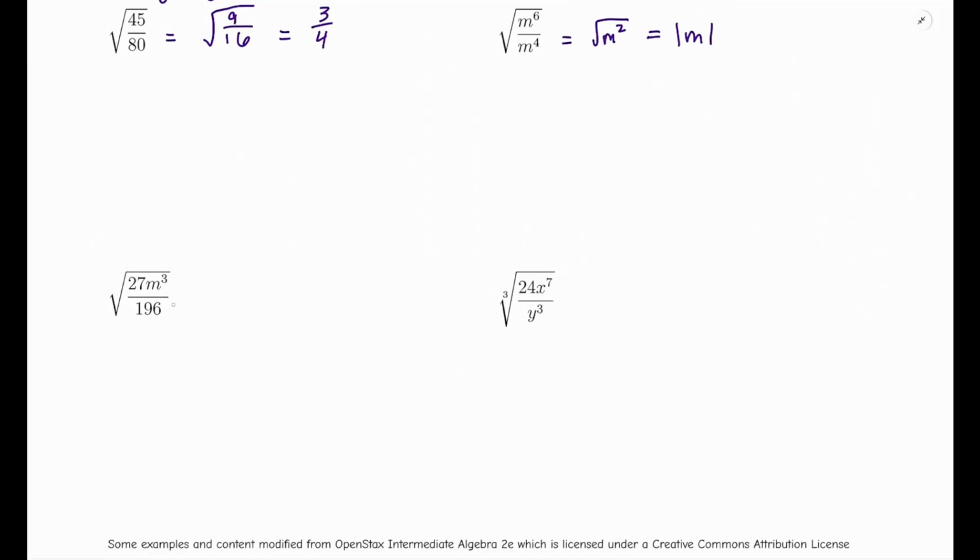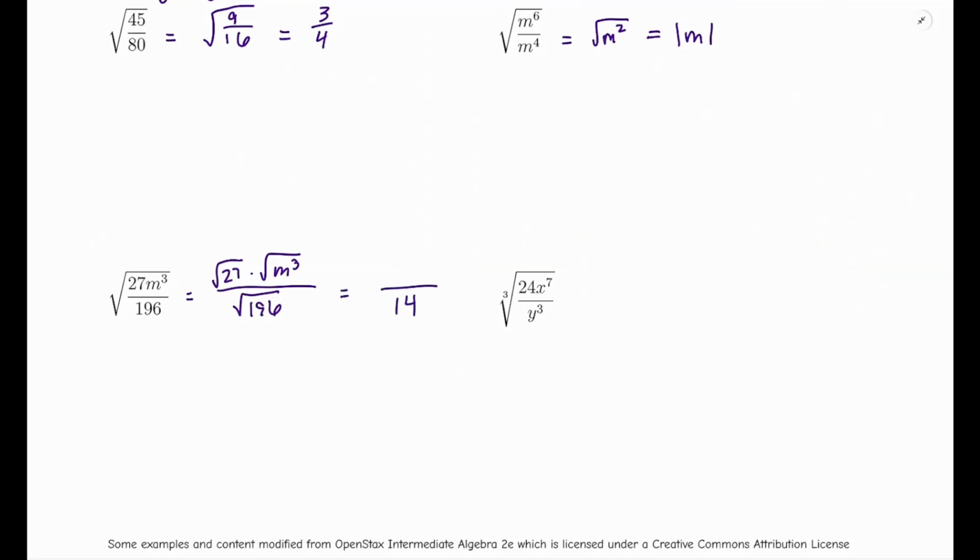Here we can reduce by 3, I'm pretty sure. Nope, can't reduce by 3. So this just becomes the square root of 27 times the square root of m cubed over the square root of 196. Now 196 is a perfect square already, so that's going to equal 14.